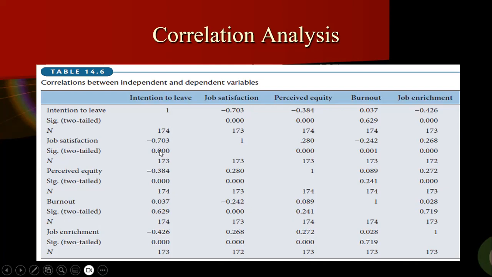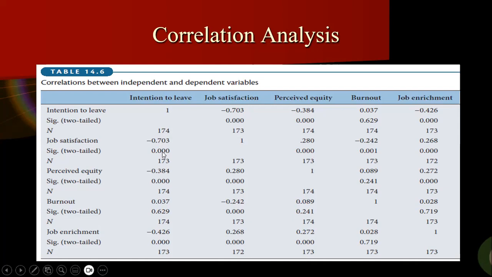If this value is less than any of the given significance levels, 1%, 5%, and 10%, that is, if this calculated value, which is calculated by the software, is less than 10%, that means 0.1, that means our result is statistically significant.